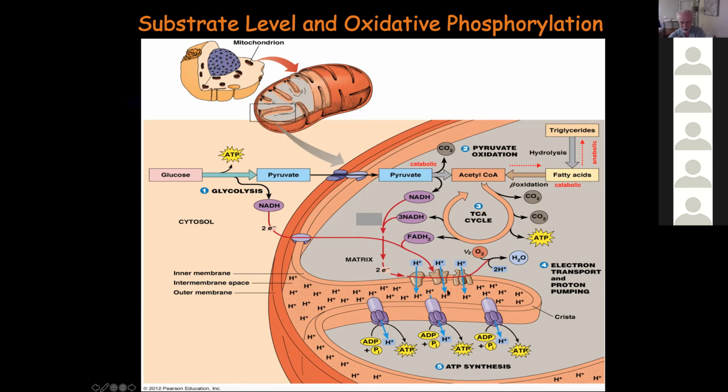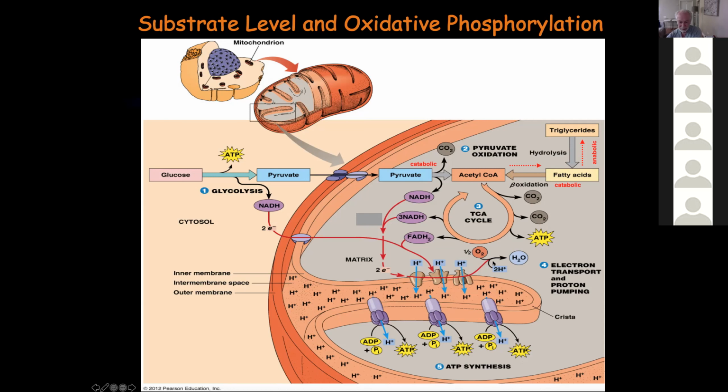So you get this high concentration of protons in the inner membrane space. Then they can diffuse back across the membrane in the presence of ATP synthase. And that's what generates ATP from ADP plus Pi. And again, oxygen is the final electron acceptor.